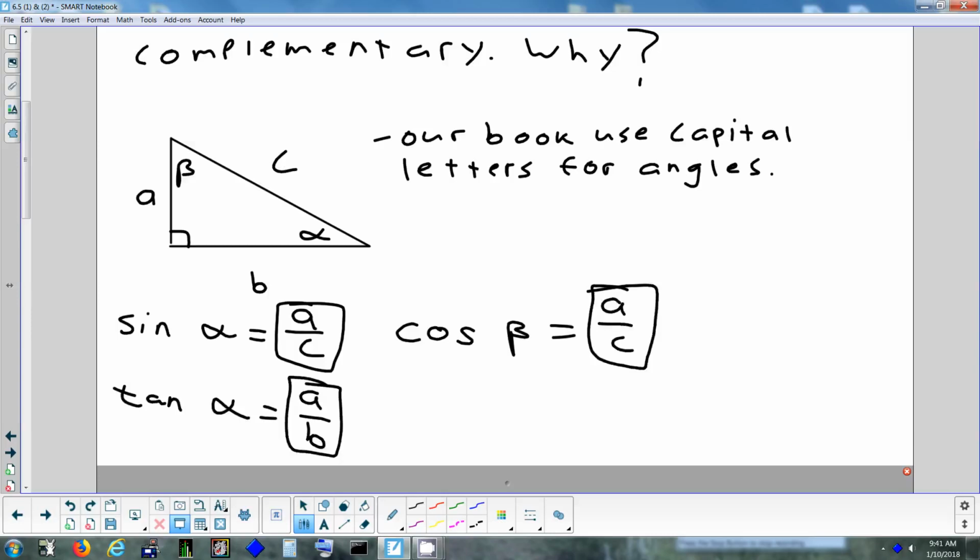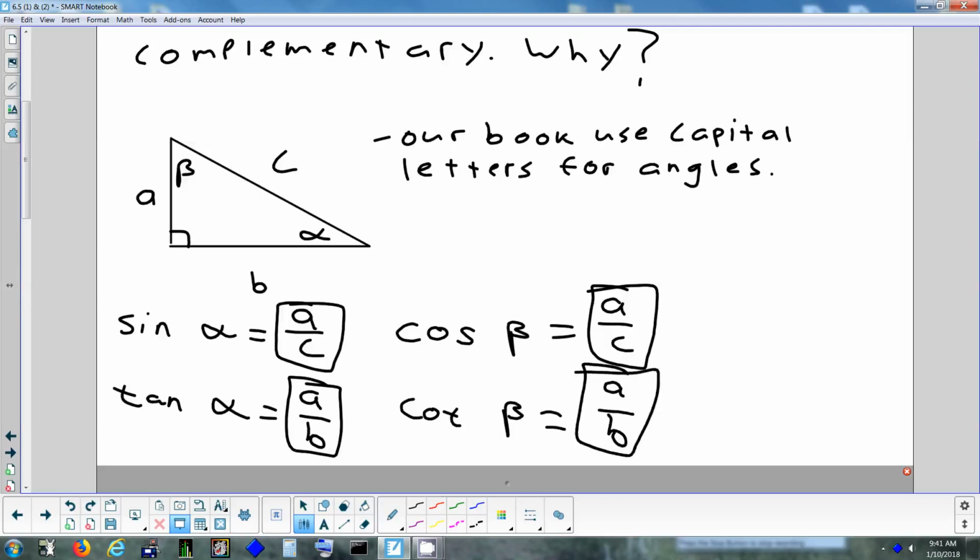Now let's find the cotangent of the complement, or more generally, the cofunction of the complement. So what's the cotangent of beta? It's also A over B. Cotangent is adjacent over opposite. A is adjacent, B is opposite.